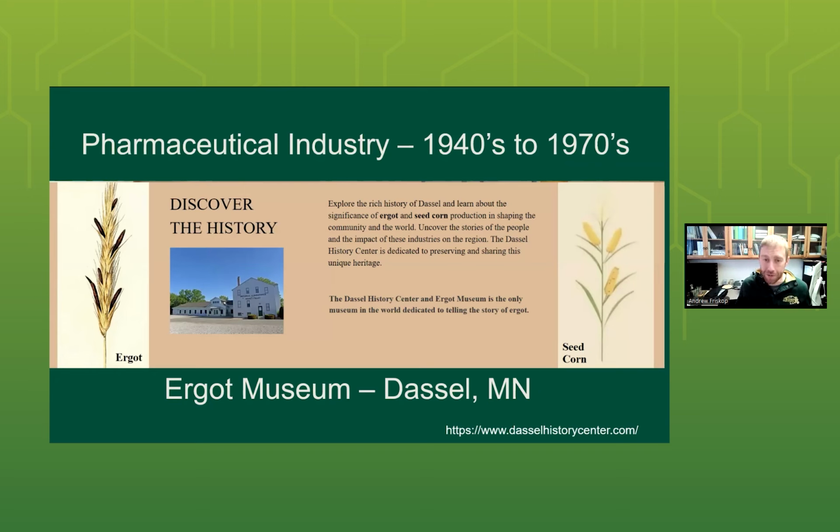And they actually have an ergot museum there where they talk about the importance of the ergot industry throughout the 1940s to 70s, where they'd collect ergot and sell it to the pharmaceutical industries. Now, this industry is no longer there. You're able to synthetically produce these products much more efficiently. But again, it has this running narrative throughout history.